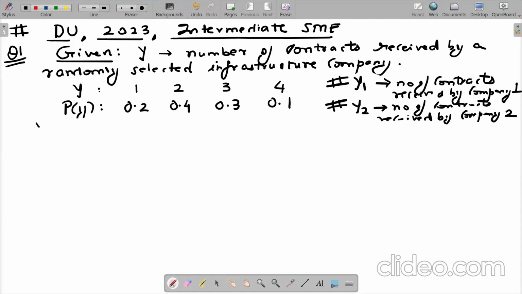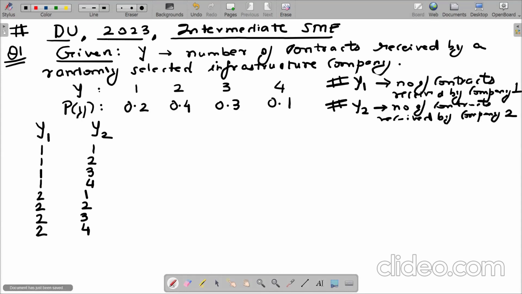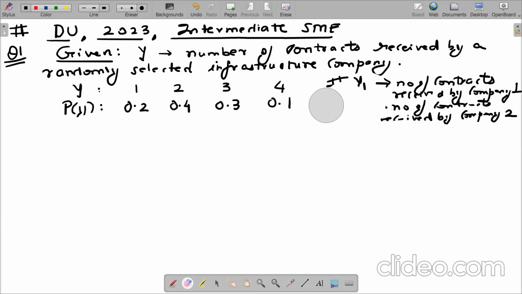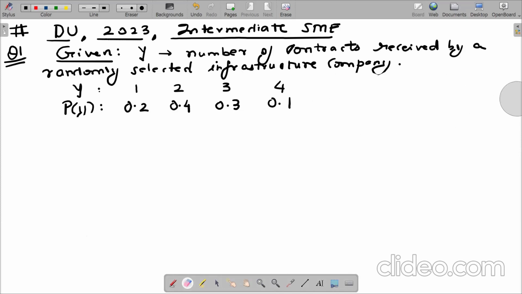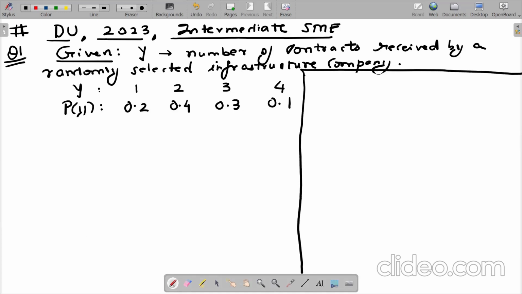I have Y1 and Y2. Possible options are 1, 1, 1, 2, 1, 3, 1, 4, 2, 1, 2, 2, 2, 3, 2, 4. I will be constrained by space, so I'm erasing this part also and making a table here because I need more values.